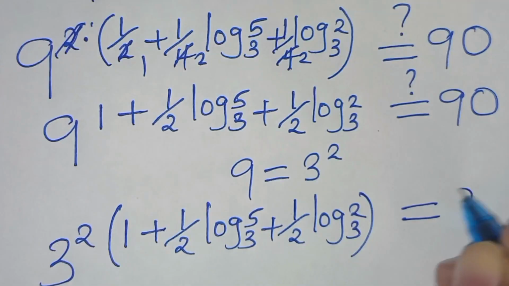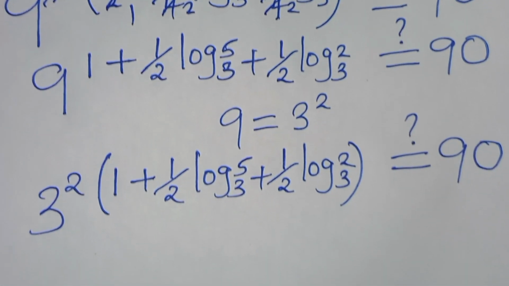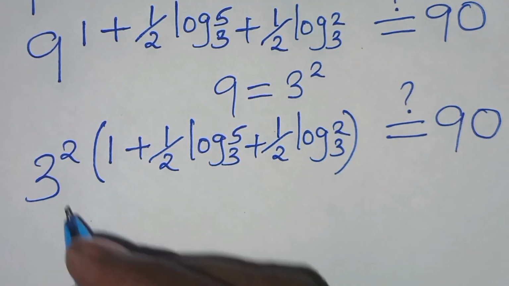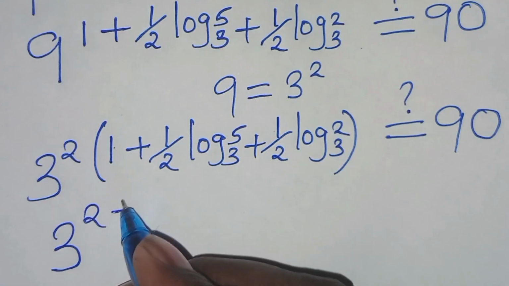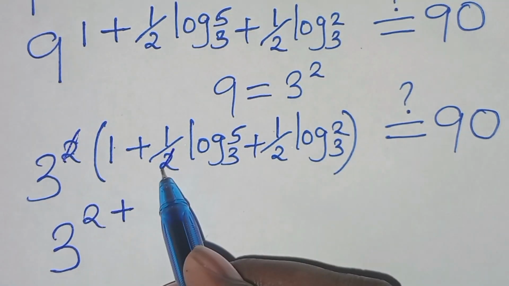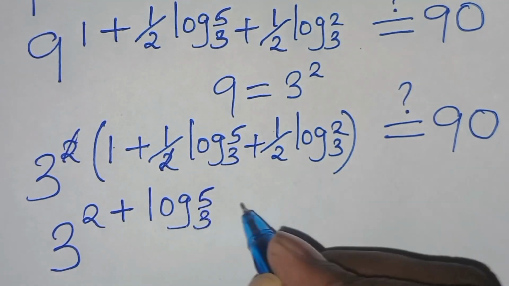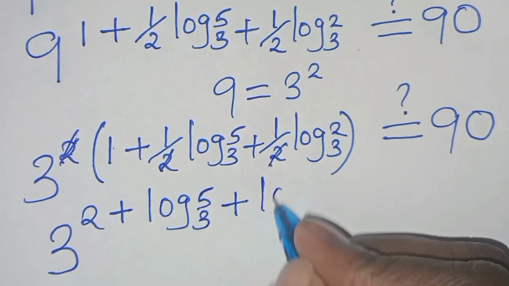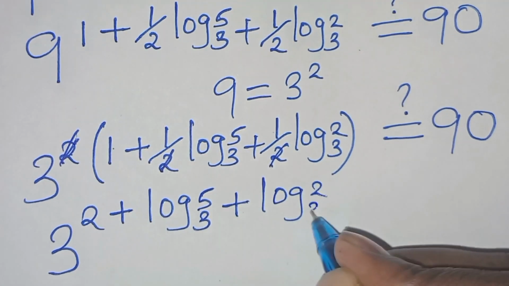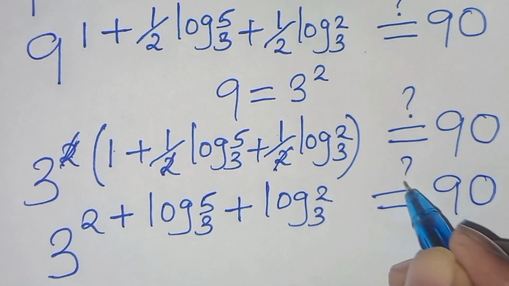This is supposed to give us a value of 90. The next step is to simplify. So we have 3 to the power 2 times 1, this is 2, then plus log 5 to base 3, plus log 2 to base 3. This is supposed to give us 90.